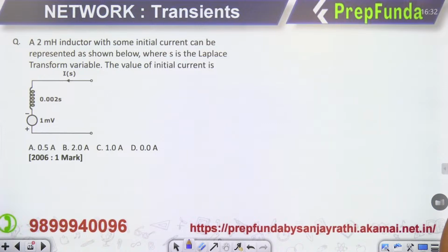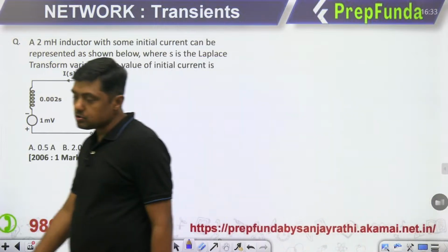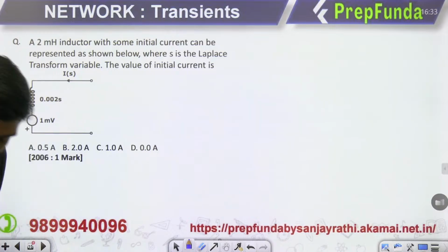Tell me, think about what it could be. That current source is converted into a voltage source, and that is 0.002. It is given.